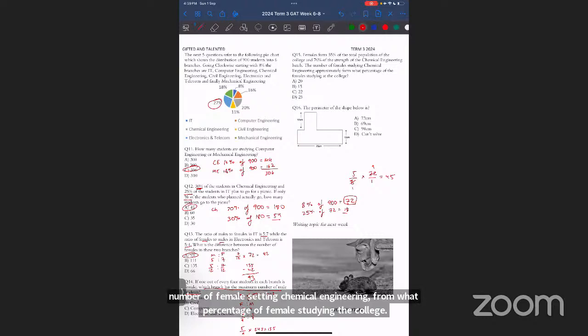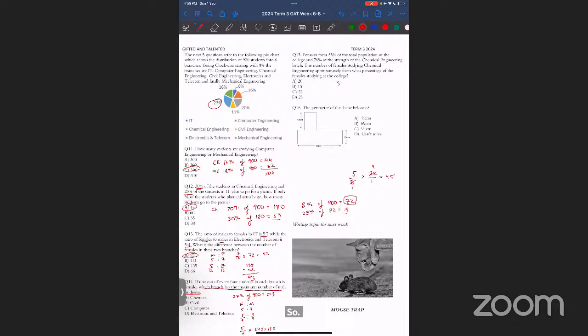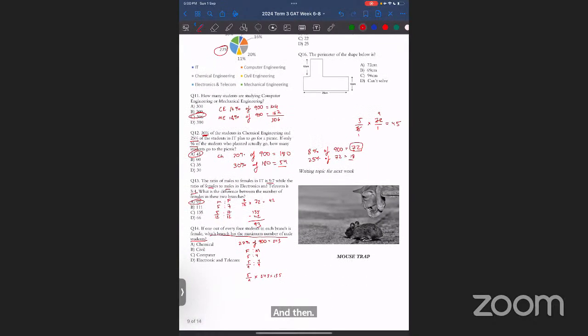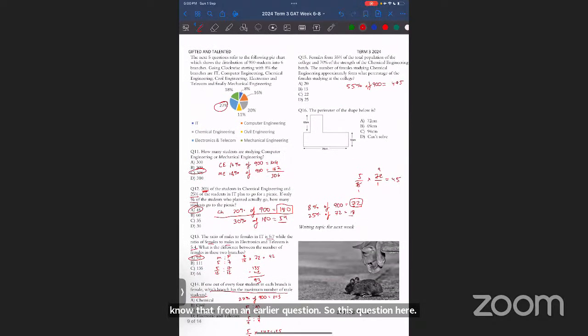So, well, first let's find out how many females there are in the college. So 55% of 900 is equal to, let's see, 495. And then we know that from an earlier question, there is 180 chemical engineering students.